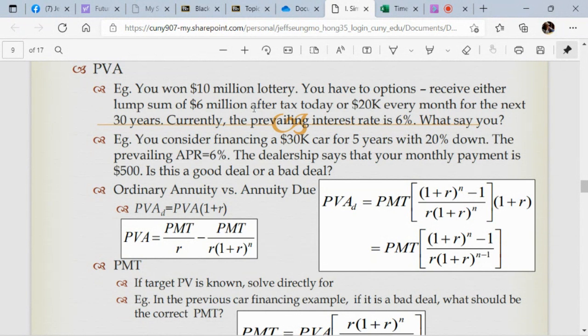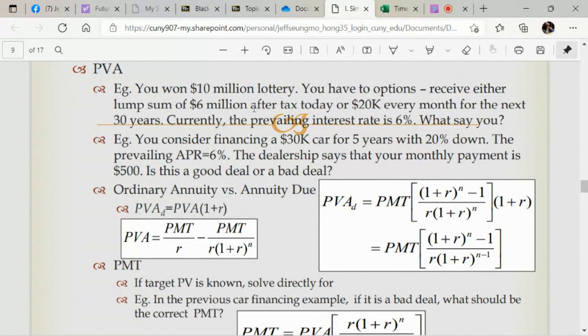For a lump sum check of something like $2,000 or $20,000, but whatever the lump sum check may be, that cannot be greater than the present value of all those annuities.